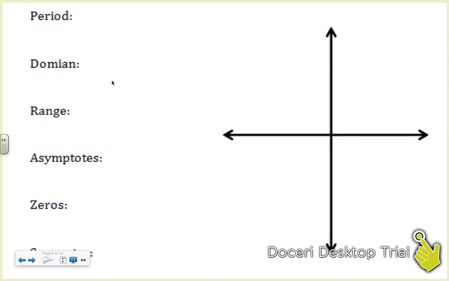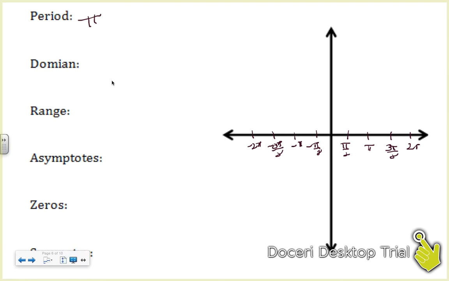Okay, cotangent has the same period, which is pi. And let's get all these written down. So this is pi over 2, pi, 3 pi over 2, and 2 pi, negative pi over 2, negative pi, negative 3 pi over 2, and negative 2 pi.